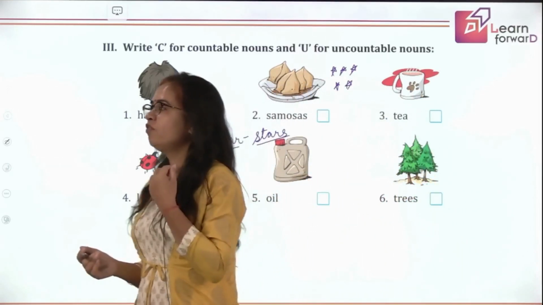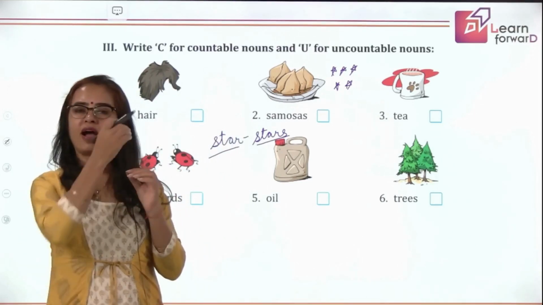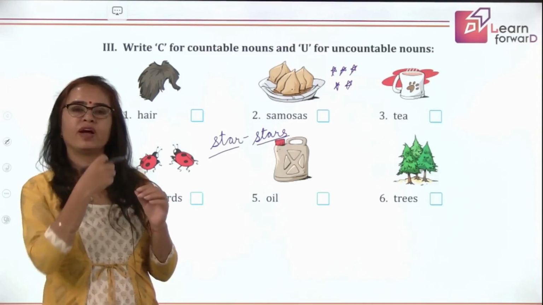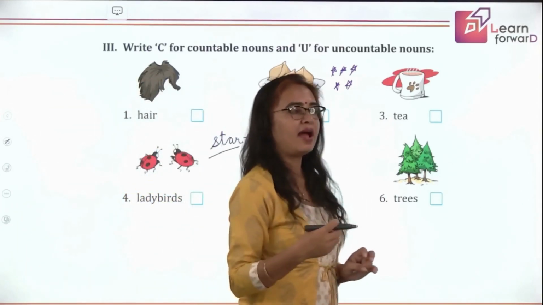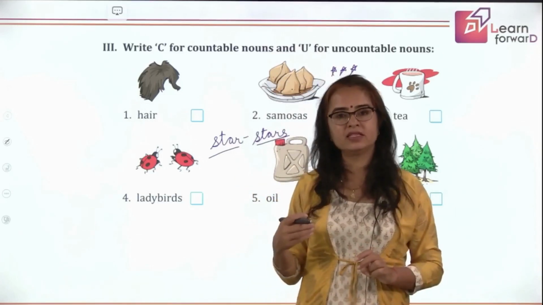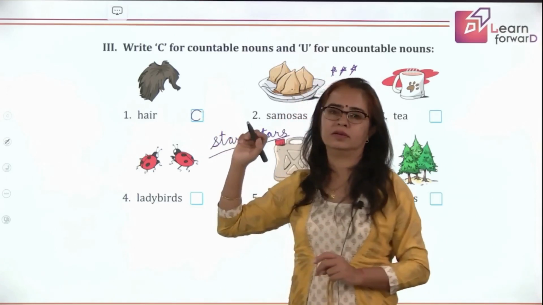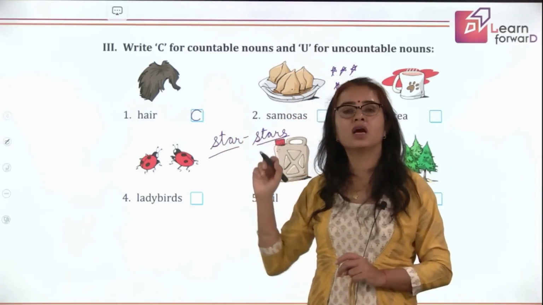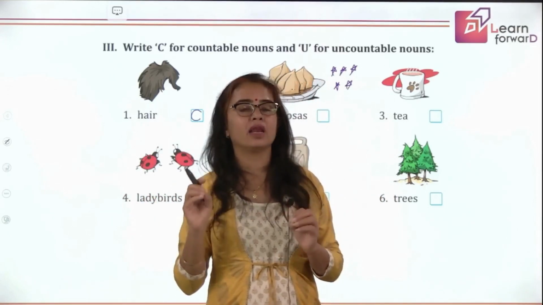Similarly, if I just pluck some of the hair, I keep plucking 1, 2, 3, 4, 5. So can I count them? Yes, that is the hair I am counting, right? So this is countable. Hair is countable, but they are so many that I cannot count.